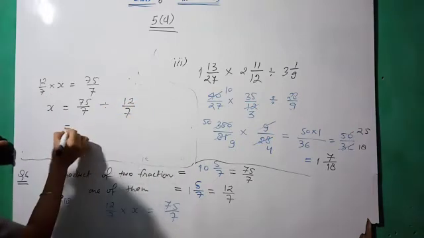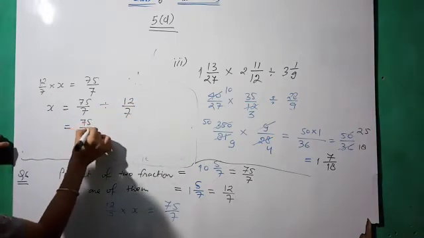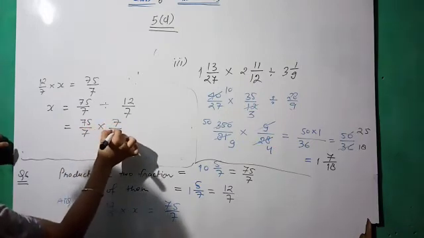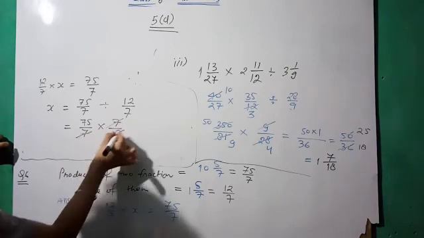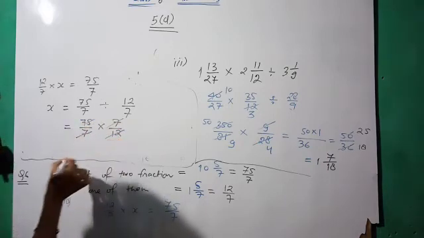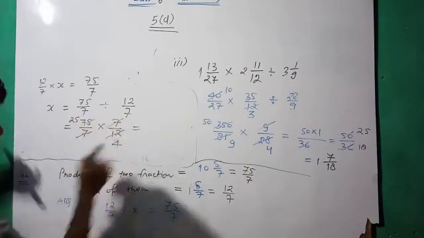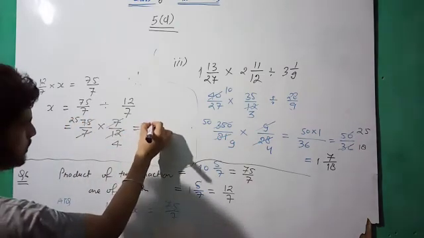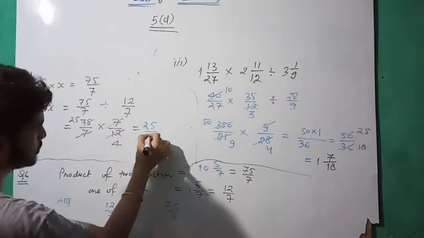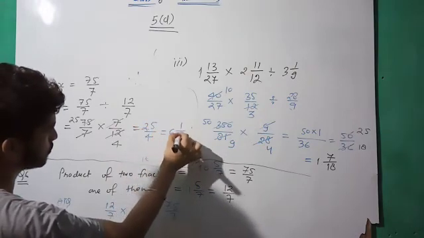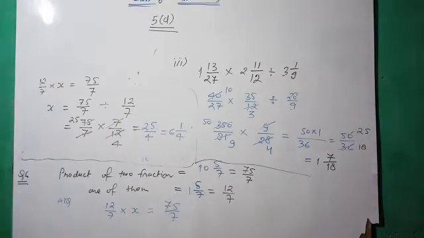Just reciprocal the second number. So you have 7 upon 12, 7 cancels with this, and 12 and 75 cancel with 3, 3 4s and 3 25s, so 25 upon 4 is the answer. 25 upon 4 means 6 whole 1 upon 4, so that will be the answer. This is question number 6.